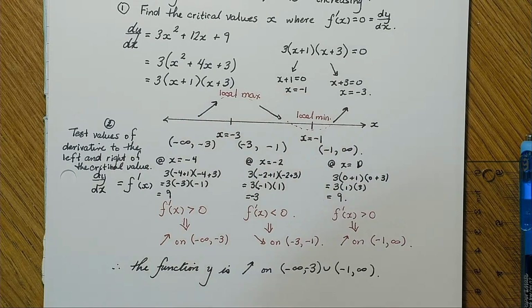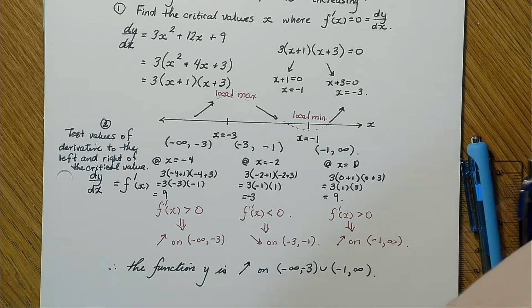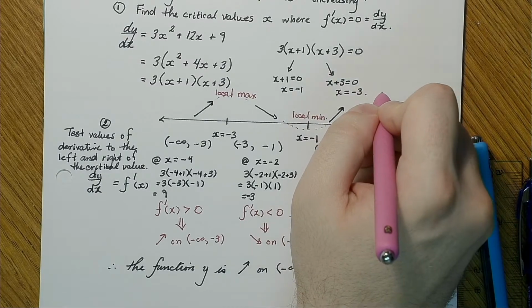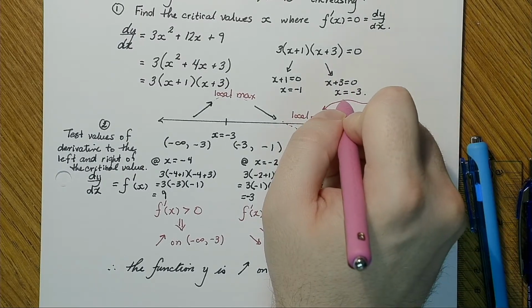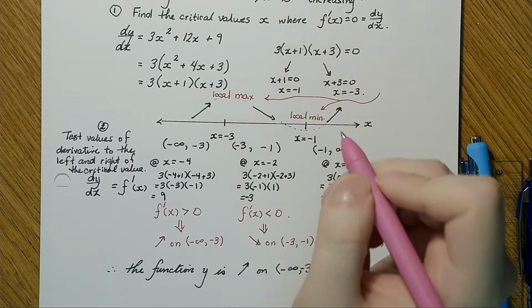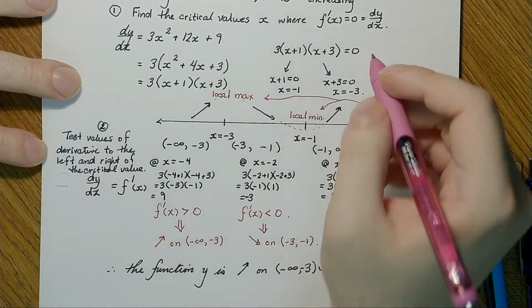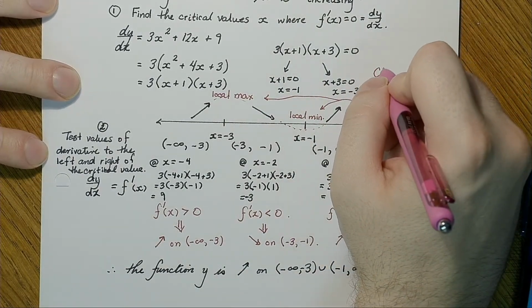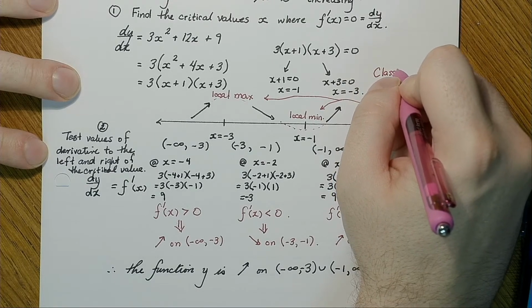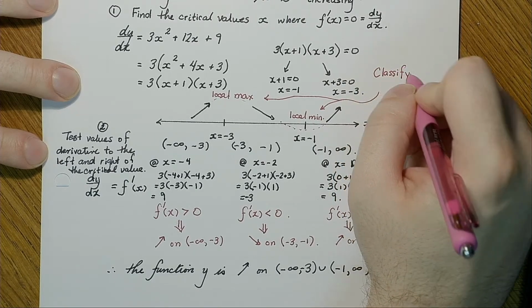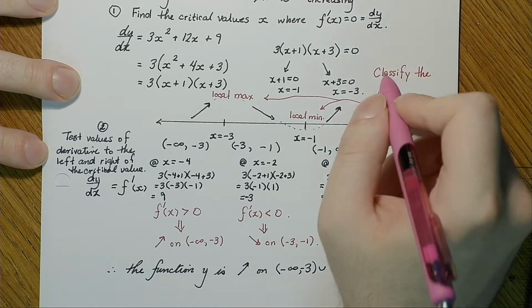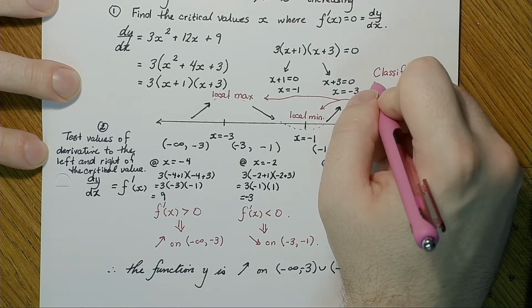So what I've done there is, here and here, what have I done? I have classified, so I can classify the critical values.